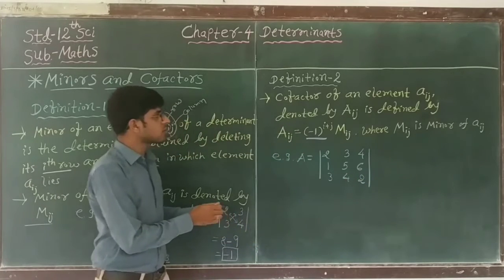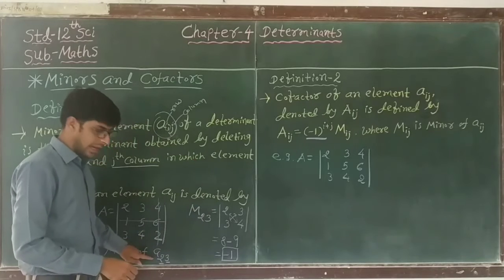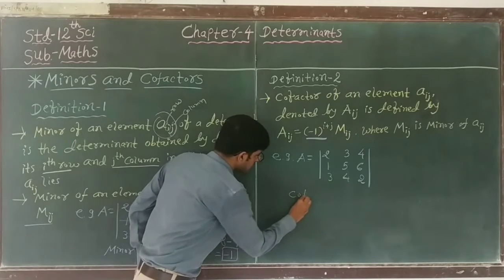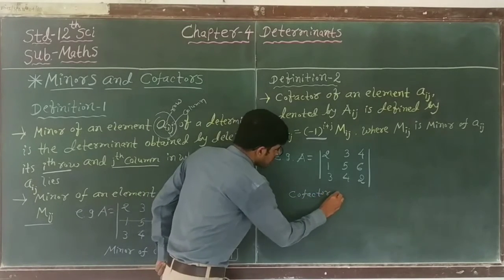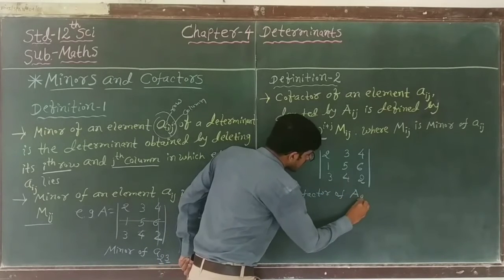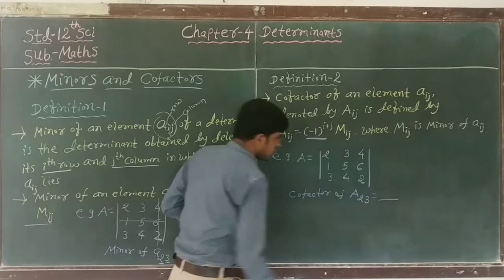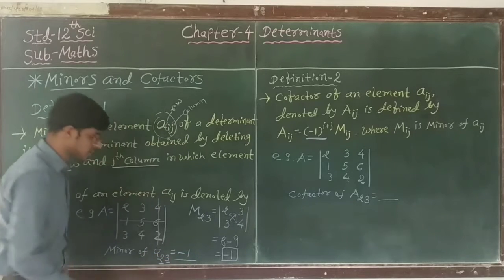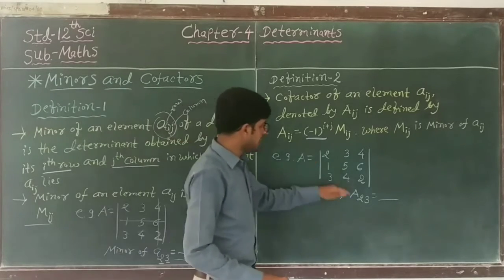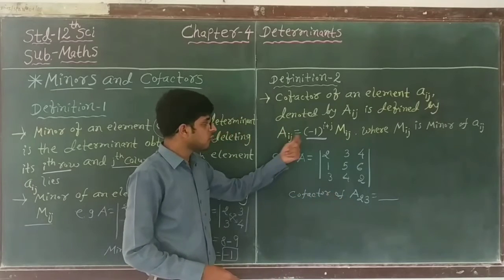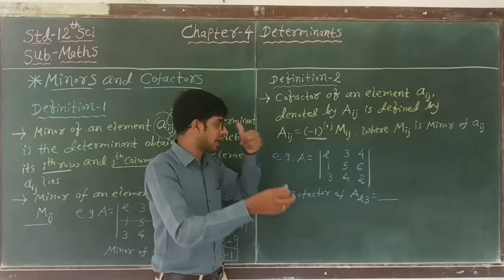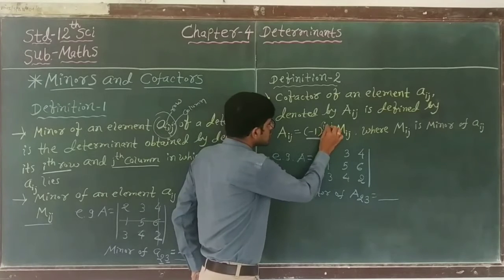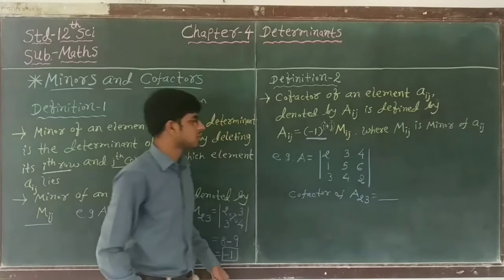Now we have to find the cofactor of the same element, the cofactor of A23. How do we find the cofactor of A23? Simply we multiply by minus 1 raised to i plus j. i plus j means row plus column.